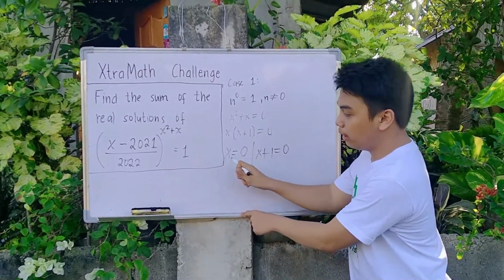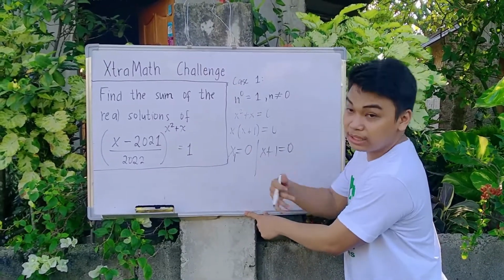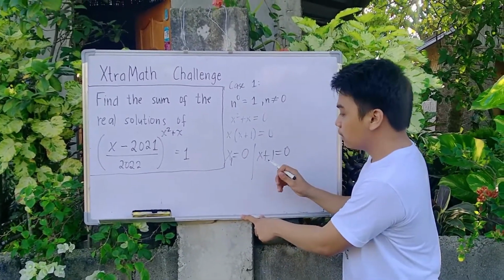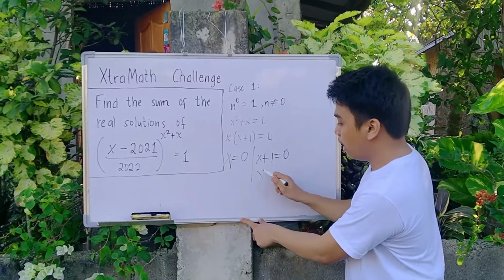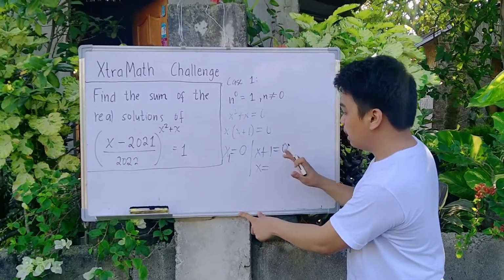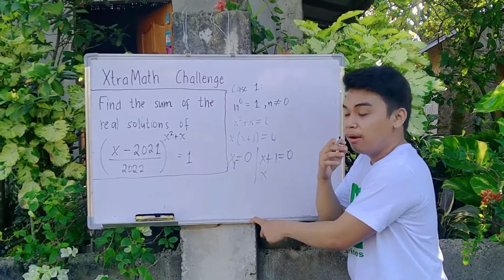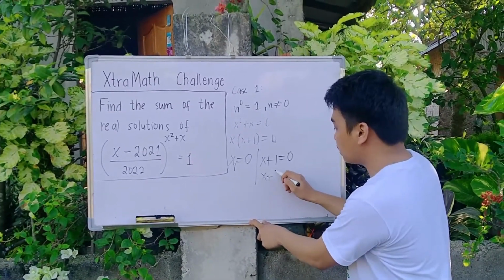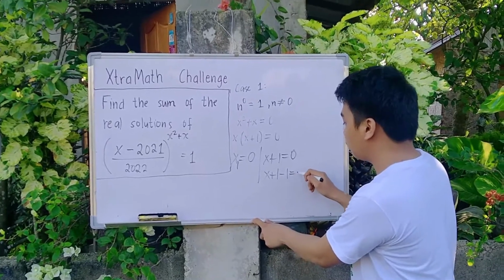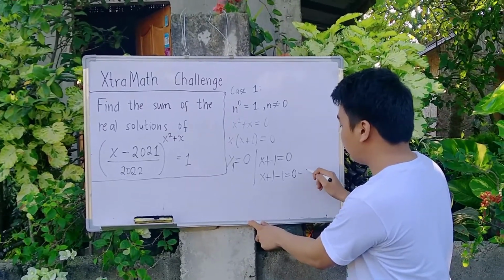And ito na yung first natin na real solution, x is equal to 0. And yung second solution, subtract muna tayo both sides by 1. So, x plus 1 minus 1 is equal to 0 minus 1.